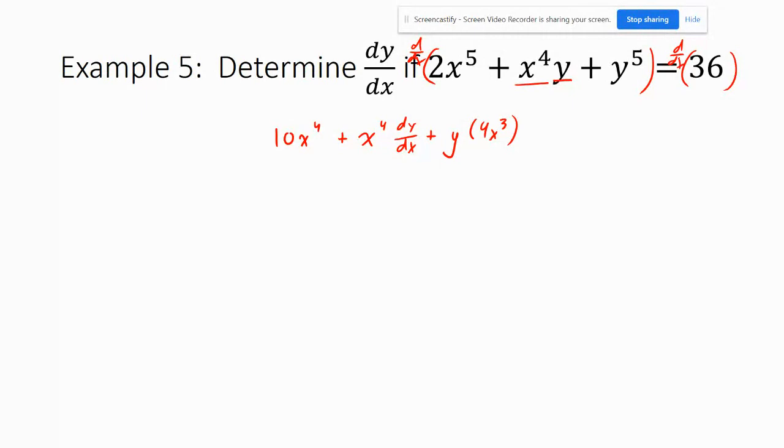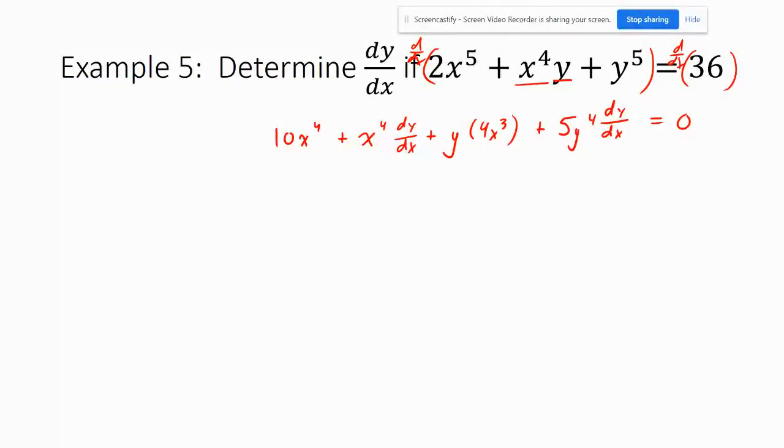Okay, so there's my product rule for x^4 times y. The derivative of y^5 is 5y^4 times dy/dx, because I have to use chain rule on that guy, equals 0.